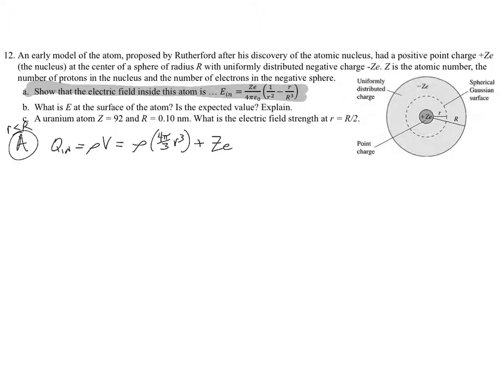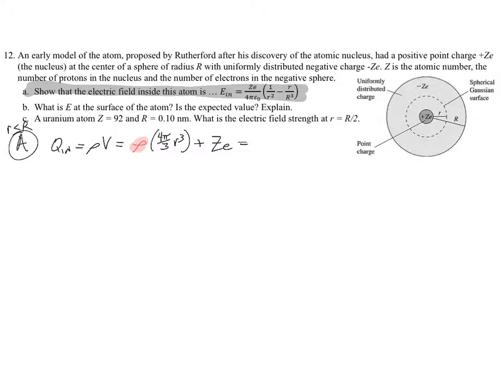Okay, so we have whatever charge is enclosed by little r, wherever it's at, plus the charge that's in the middle. And so you do all of this math here. So first, let's deal with this. What's rho going to be?